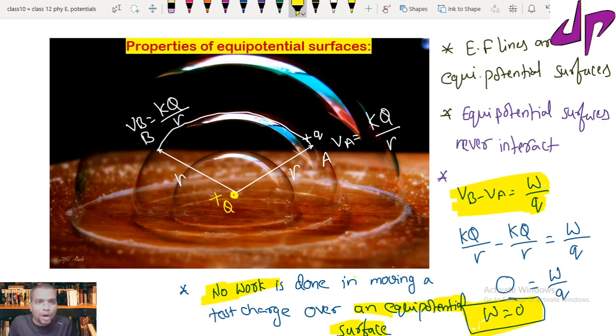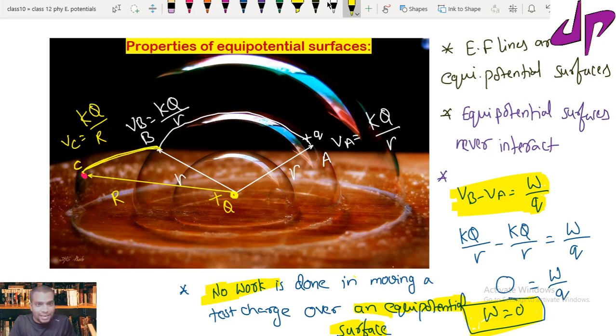But when you are moving across, suppose I take a point at C. So this is a point C location which is at a distance of capital R. Now if you write the potential at C, VC equal to K capital Q upon capital R. Now if you are moving a test charge from VC to VB, so you are moving across one equipotential surface to another equipotential surface.